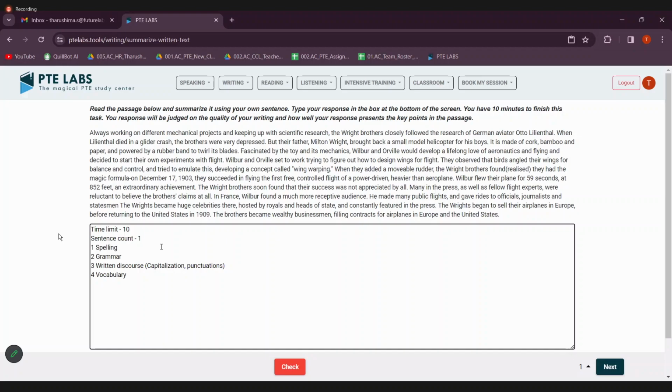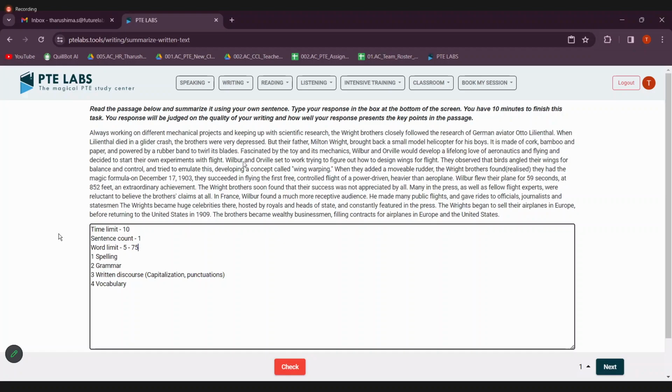Just think, you will be given 10 minutes and a long paragraph like this, and you have to summarize it into one sentence, and the word limit is 5 to 75.